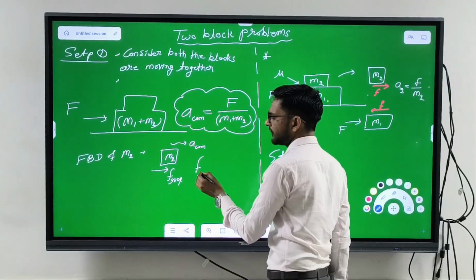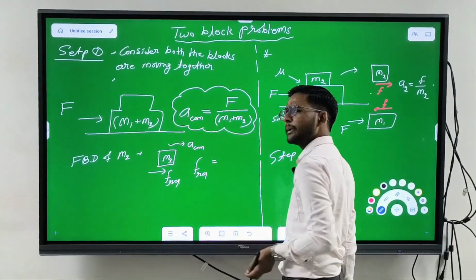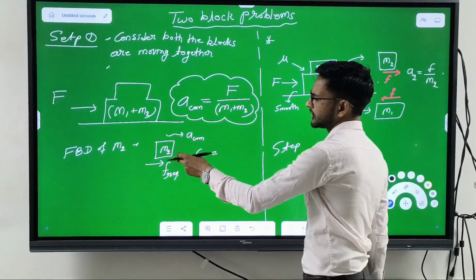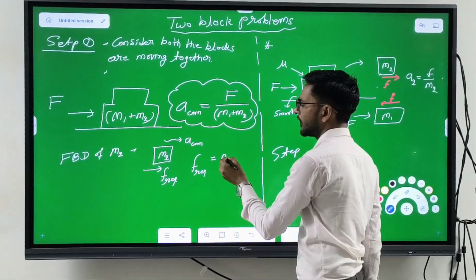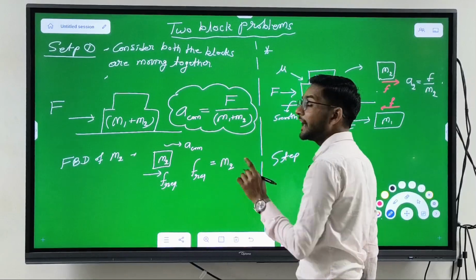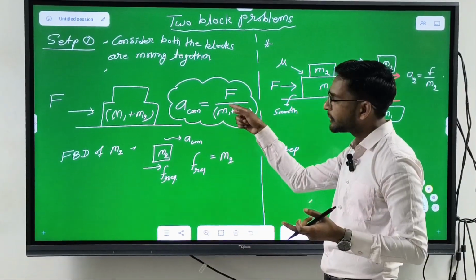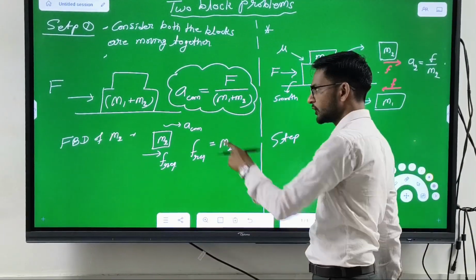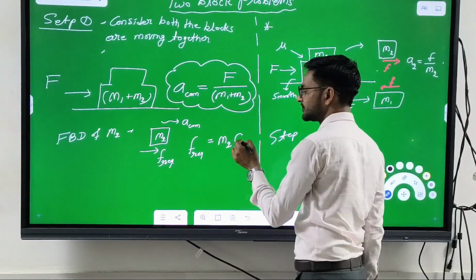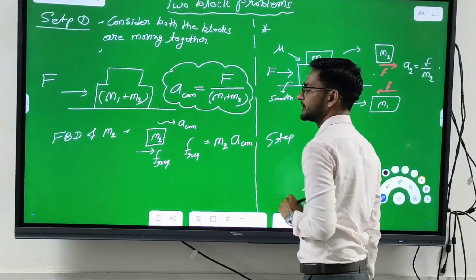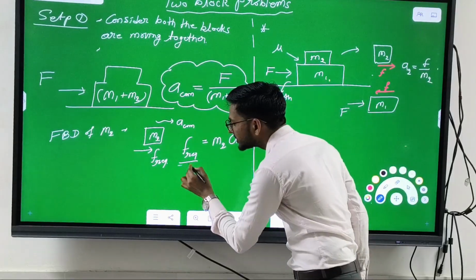So F required is, F is equal to ma, the second law of motion, m2 into a, the acceleration of the combined system, because both blocks are moving together. So it is the required friction, students.